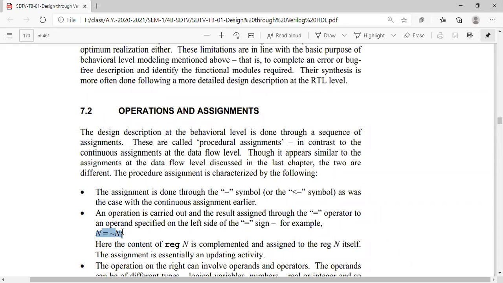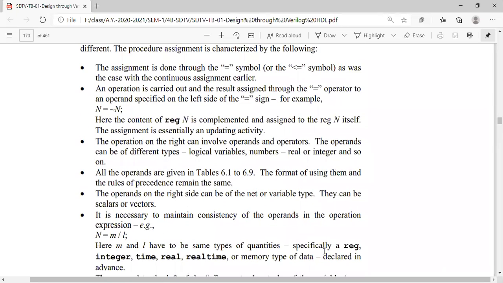Why? Because we are executing the always block, where we can have the sequence set of executing, right? So here we will be using registers, mostly registers.